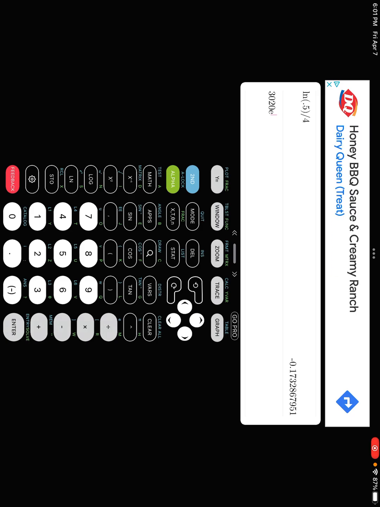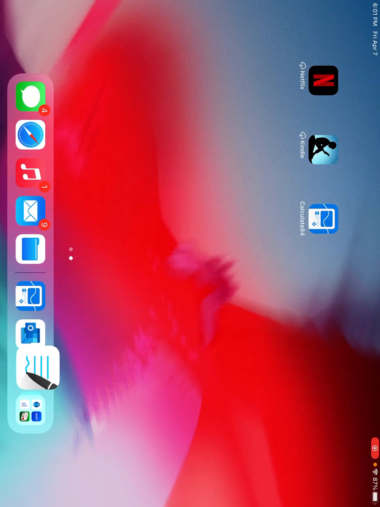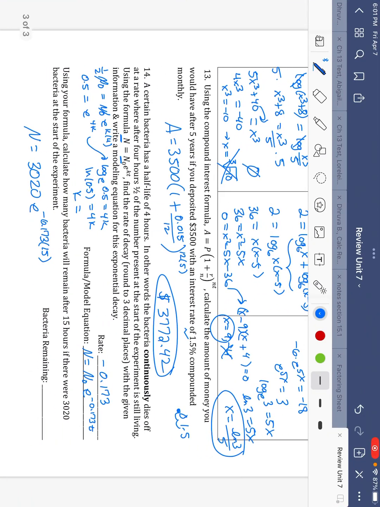Negative 0.173. I see it up there, times 15. And 225 bacteria. So it makes sense, they were dying off, so there's less bacteria. Okay, that'll be all. I'll see you later.